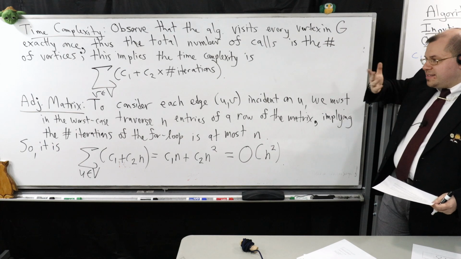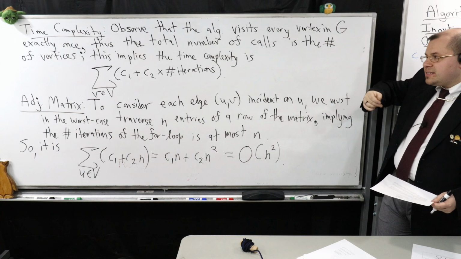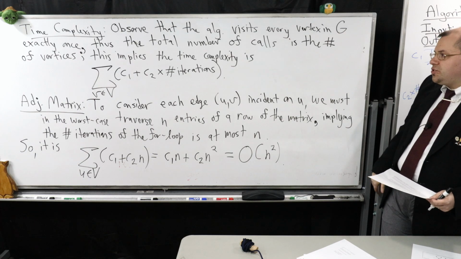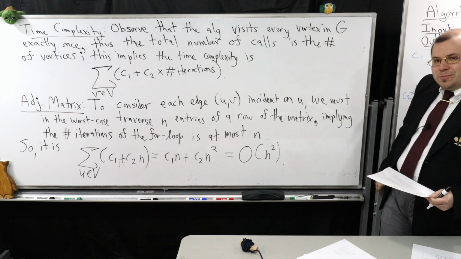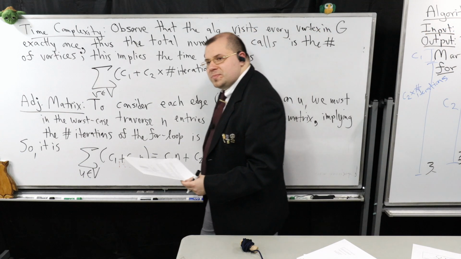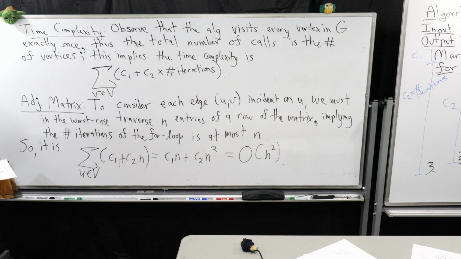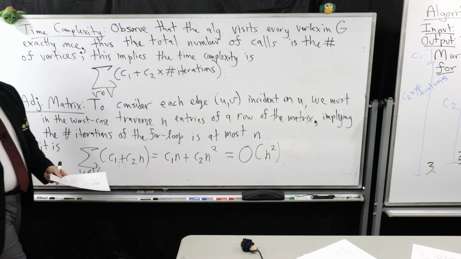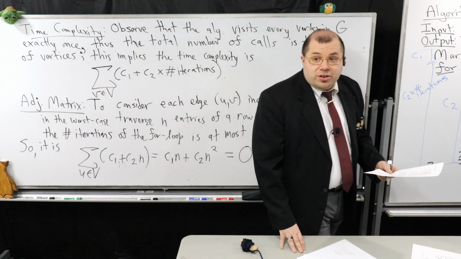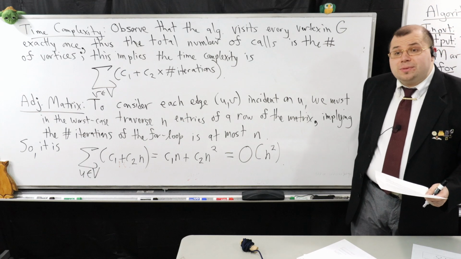So for an adjacency matrix, doing DFS takes quadratic time, but it's quadratic in the number of vertices. One thing I must stress is that when you see a quadratic like that, what you're actually looking at has a relationship with the number of edges.